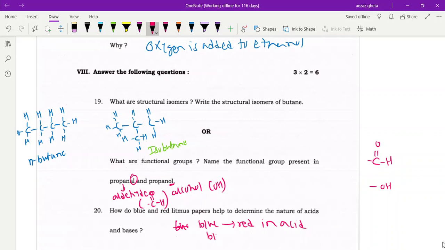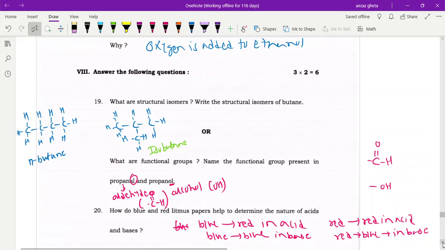Blue remains blue in base. And red litmus paper: red remains red in acid. Red litmus paper turns blue in base. Okay, got it.